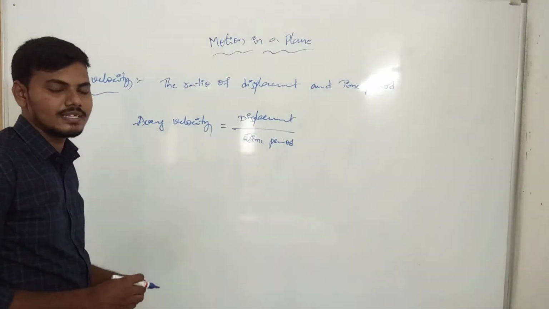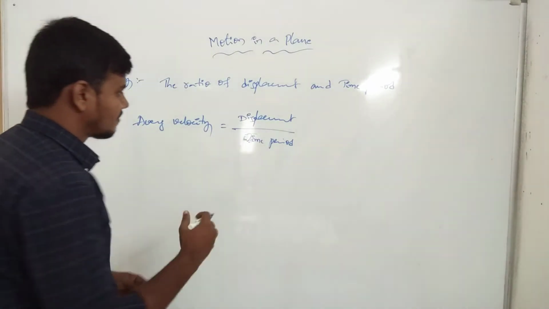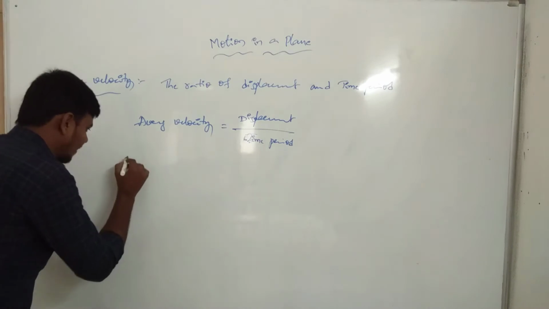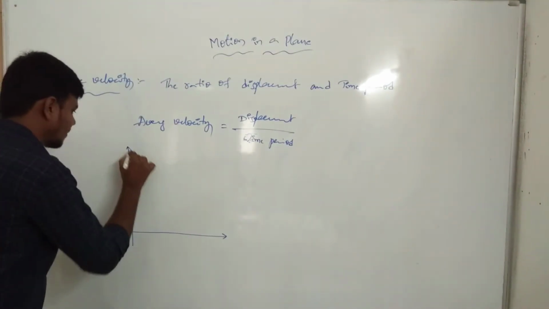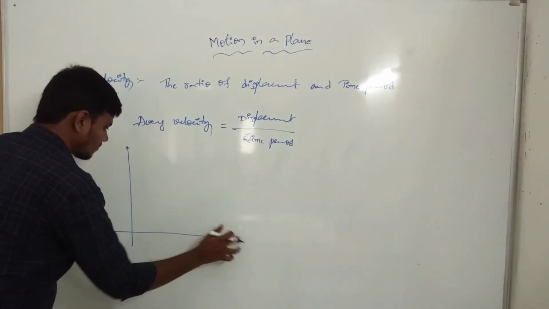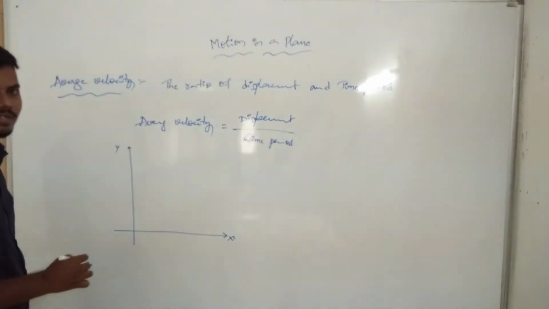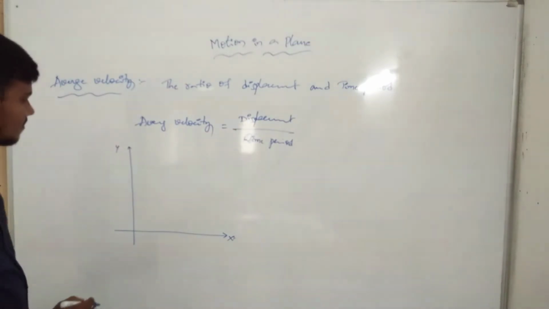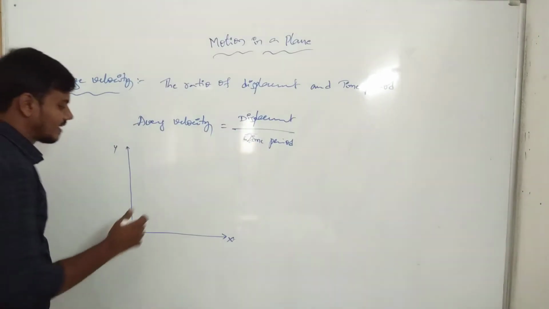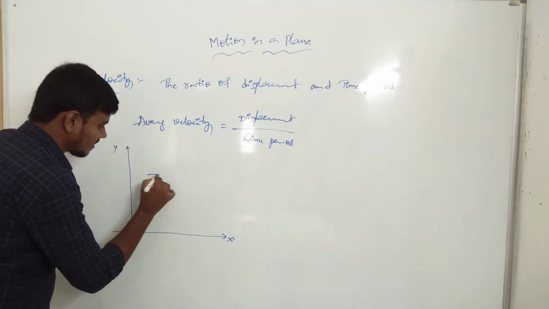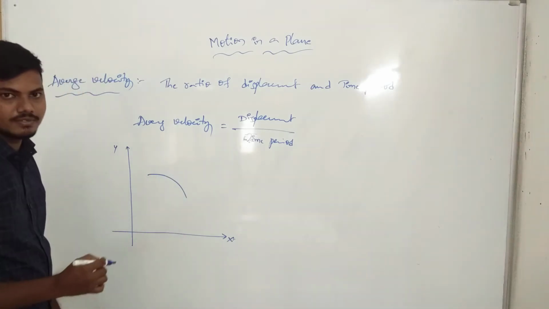In this average velocity, we can represent a graphical statement. For example, this is a graph from x-axis to y-axis. We are introducing positions on a curve.